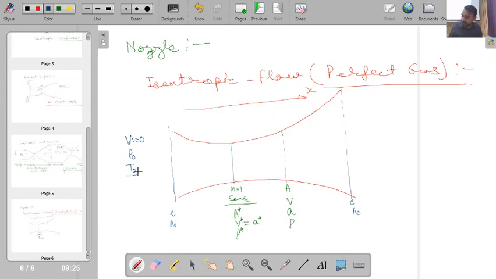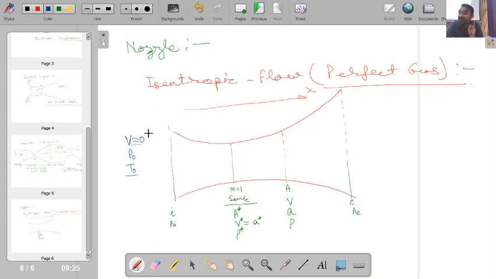Because these are corresponding to 0 velocity, these are nothing but our stagnation pressure and stagnation temperature. Is this one clear?